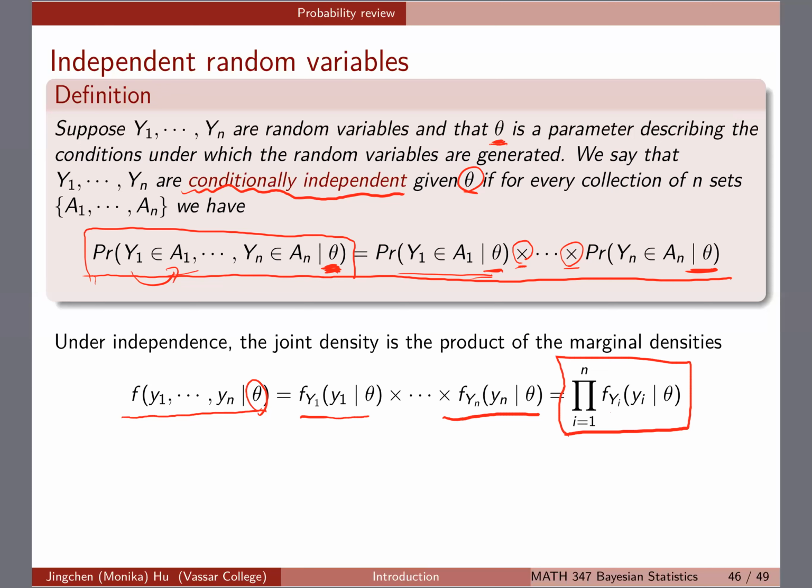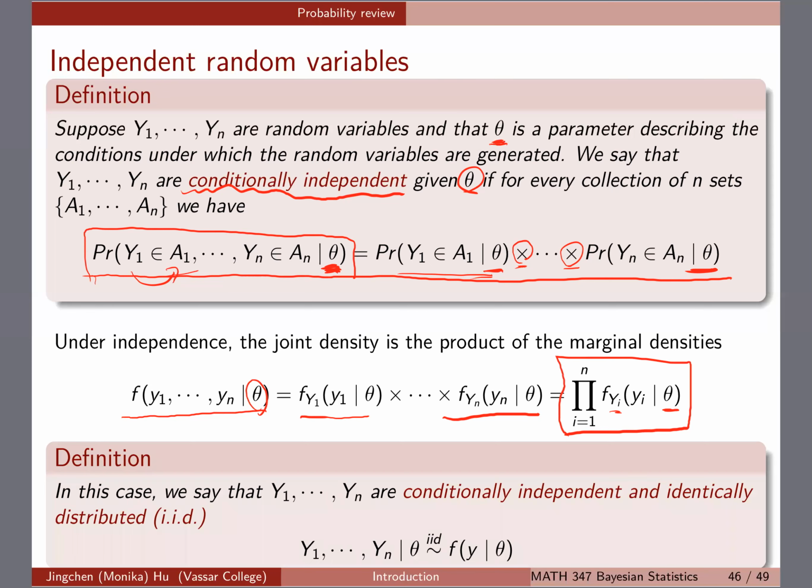And in each term, the conditional really comes into play because of the same parameter that we assume those random variables are generated from. Lastly, in this case, we will say that y1 through yn are conditionally independent and identically distributed. This term you probably heard before, IID.